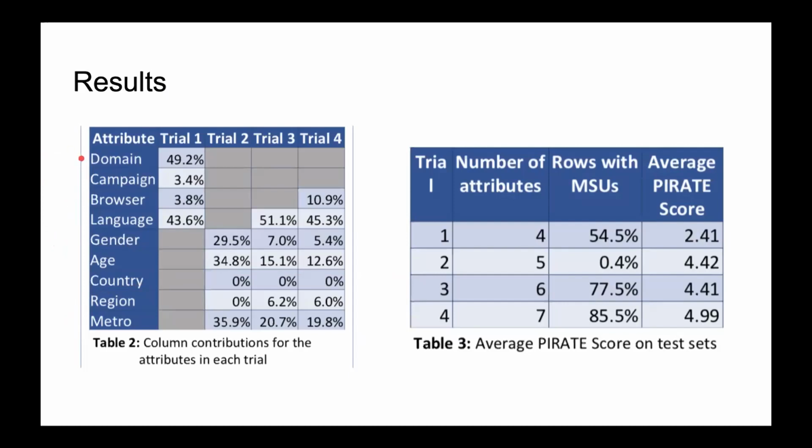Now, the results of this were, in the first experiment, we took domain, campaign ID, browser, and language information. And this is the column contributions. So in this research, we are also identifying what is the contribution of each column or attribute in the data set towards identifying a particular user in the data. So we found that domain and language were highly identifying.